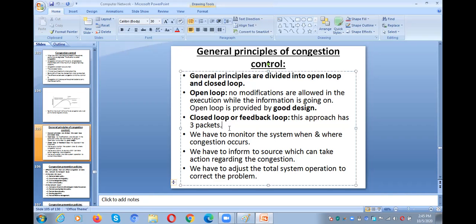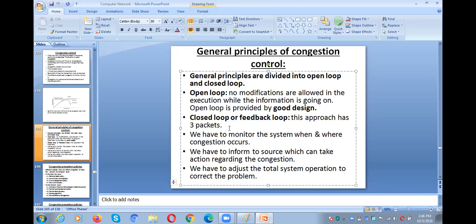Then what about the closed loop? Closed loop means we need to monitor the system whenever there is a collision or congestion. So immediately you need to monitor the network and then identify the congestion or collisions. If any congestion is found, you need to take corrective measures. That is called closed loop.